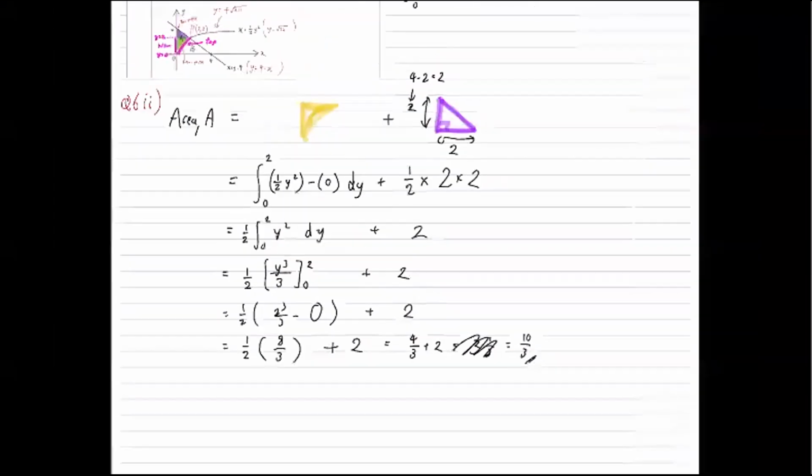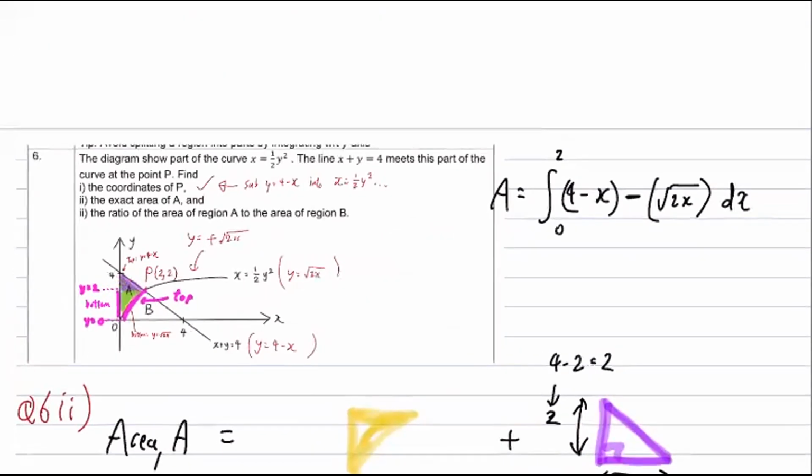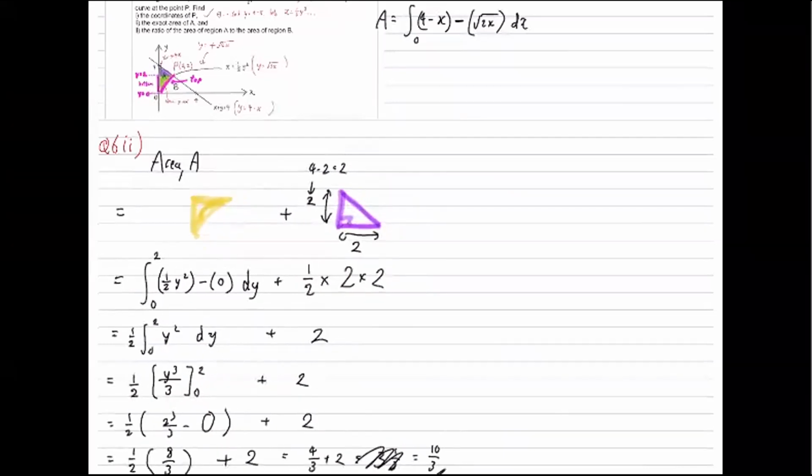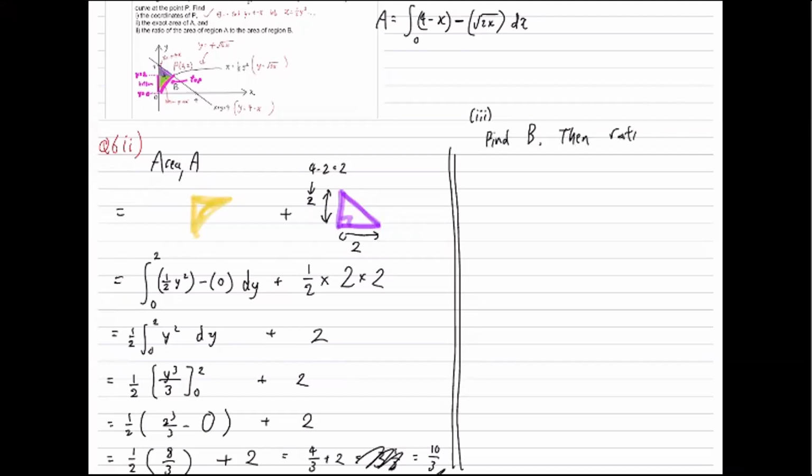Okay, moving on. So now part 2, how do you find the ratio? Sorry, part 3, I mean. Must find region B. Find B. Then ratio A/B.